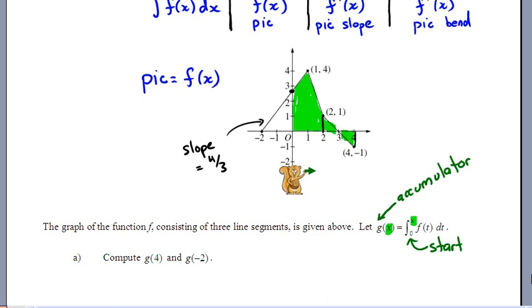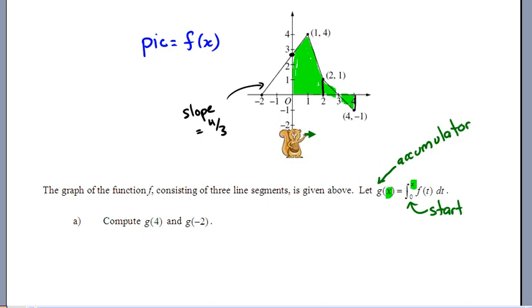Okay, so if they want us to figure out, hey, what's g at 4? This is a tough question, right? It's like asking the chipmunk, how many nuts did you gather? How much area did you gather on your journey from 0 all the way to 4 underneath this graph of f of x dx? Well, I'm going to break that up into 2 parts.